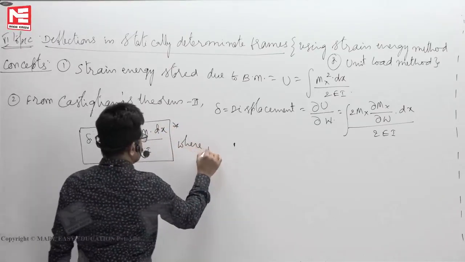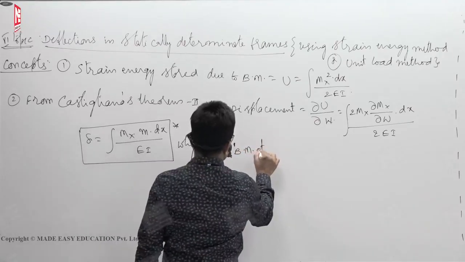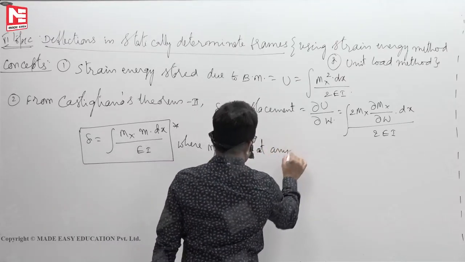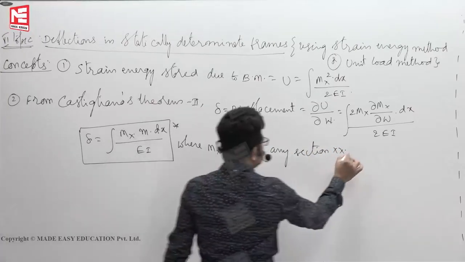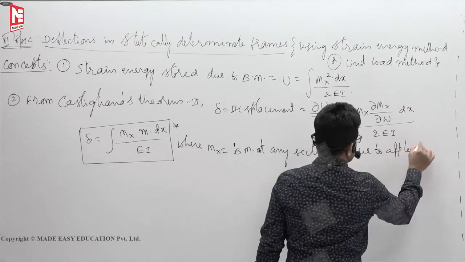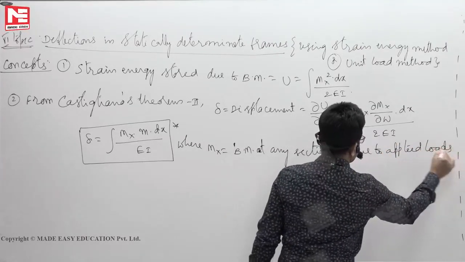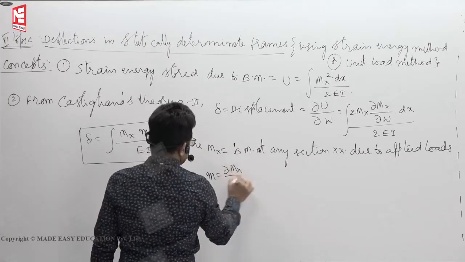where Mx means bending moment at any section xx due to applied loads. Then m means this is actually ∂Mx/∂W.